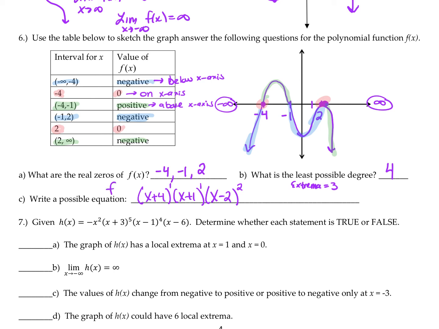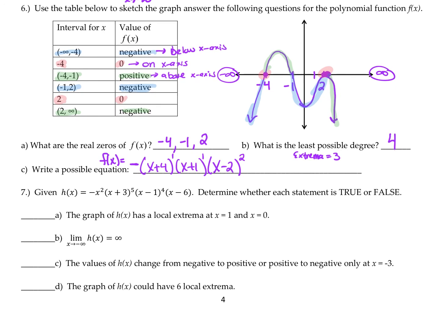So this is what my equation could possibly look like. Oh, I forgot one thing. Because it's opening down, the leading coefficient has to be negative. So that would have to be in front. Make sure you don't forget your function notation. F of x would equal the negative version of each of those x-intercepts.